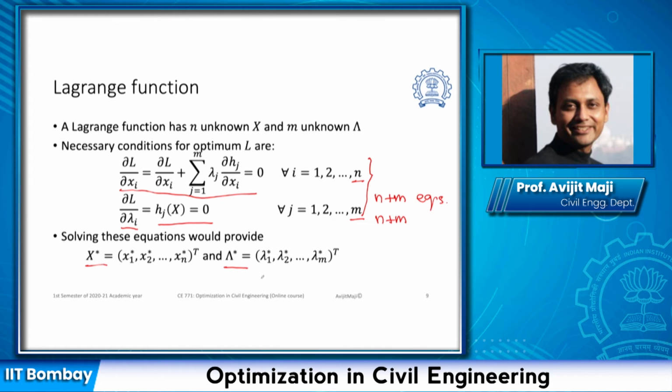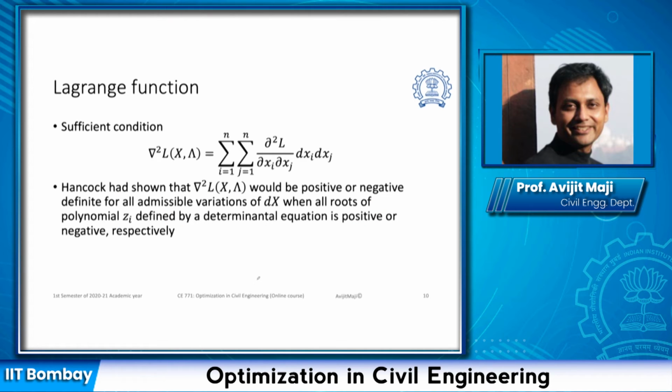However, whether the solution obtained is going to yield a maximum or a minimum needs to be checked using the sufficiency condition. For the sufficiency condition, we need to take the second order derivative of the Lagrange equation, and we can write it in this format.